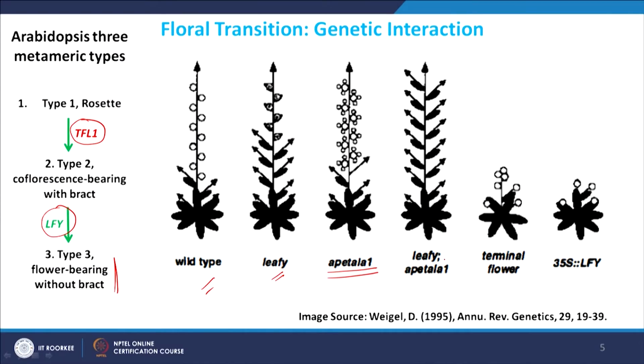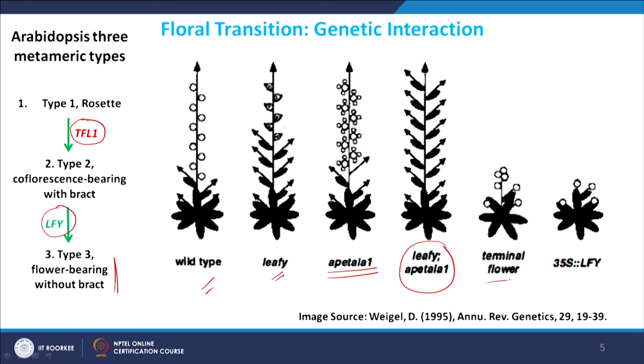And an important thing is that if you have a double mutant of LEAFY and AP1, you can see that the phenotype of both the LEAFY as well as the AP1 mutant is enhanced, which suggests that they are working in parallel pathways.